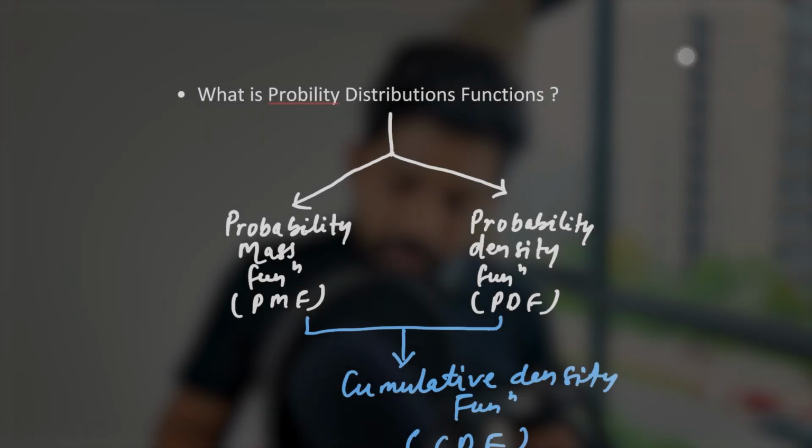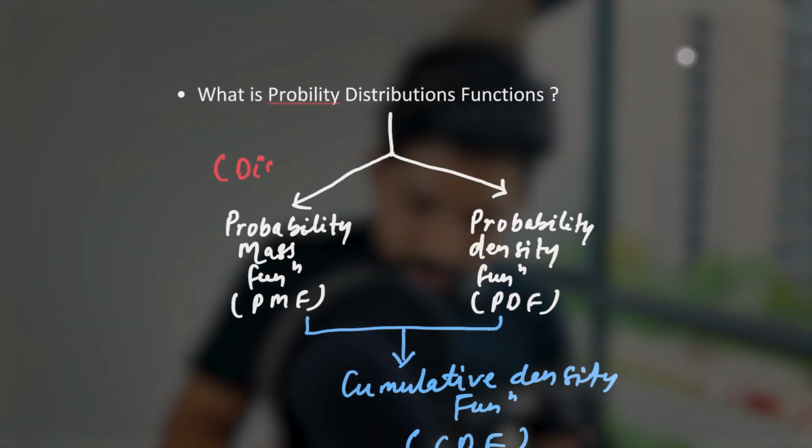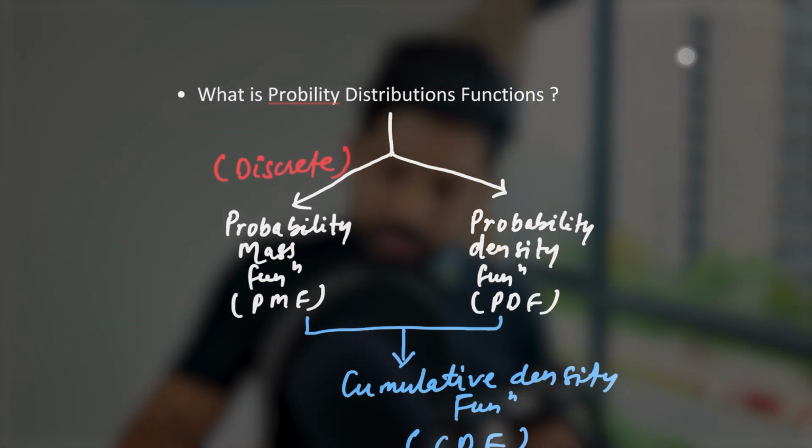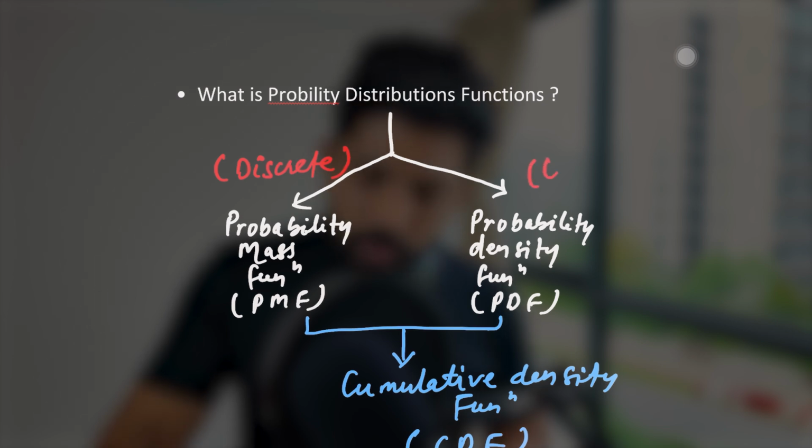The first one is probability mass function and the second one is probability density function. And for both the PMF and PDF, we can find a CDF, that is cumulative density function. Now, one very important thing to note is that PMF is only for discrete random variables and PDF is only for continuous random variables.